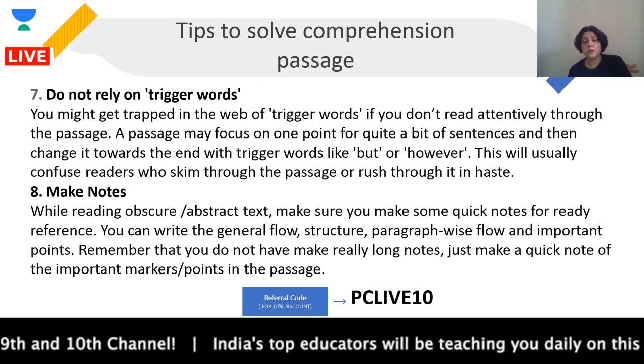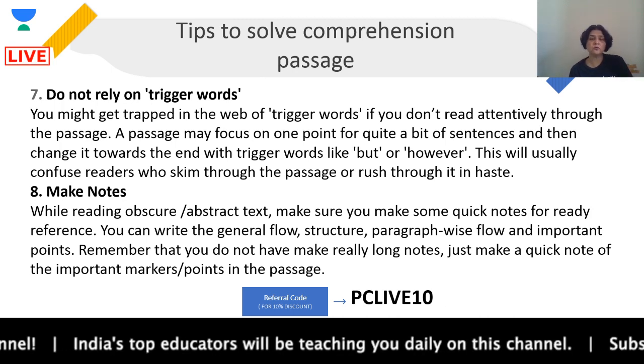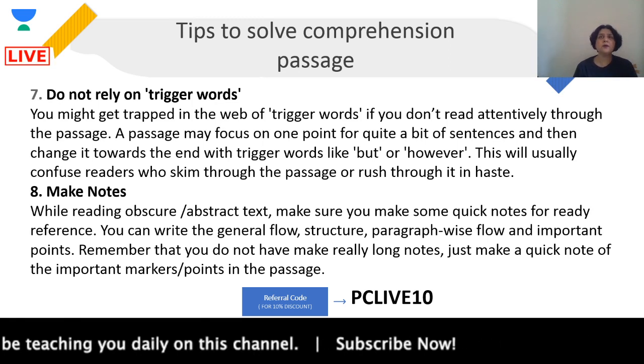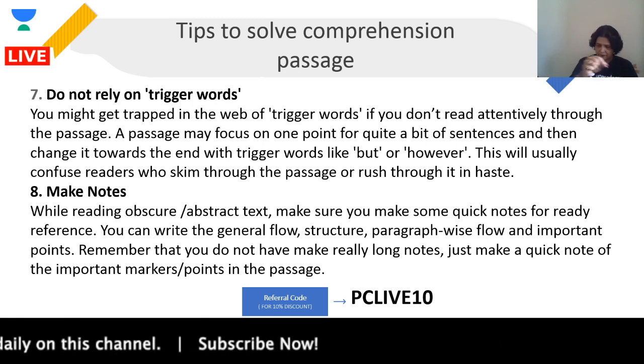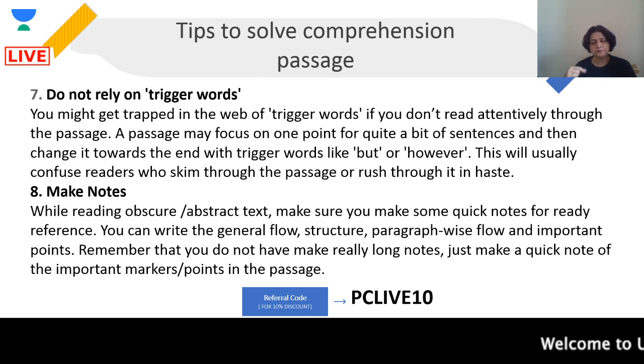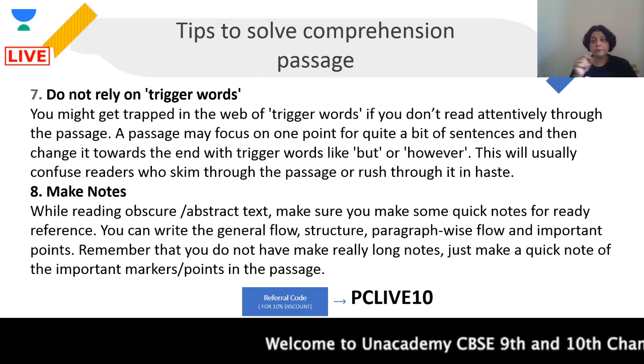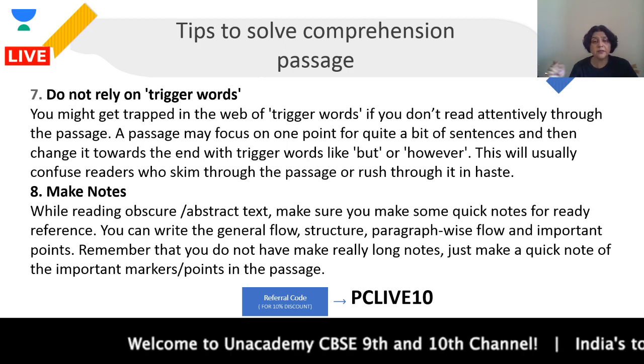You can include those points or that content in your answers. So while you are reading it, just fatafat annotate it. Underline. Annotating means underlining, making a quick note in the question paper if you are allowed.